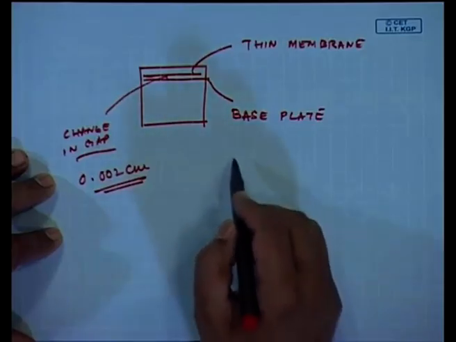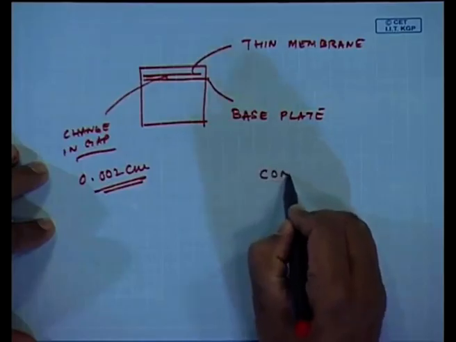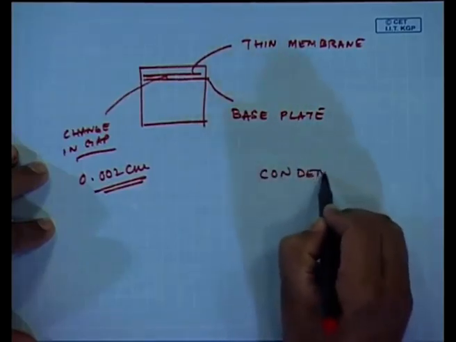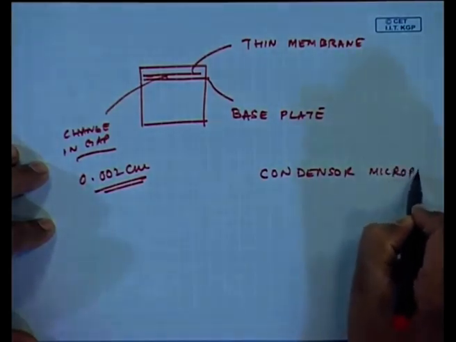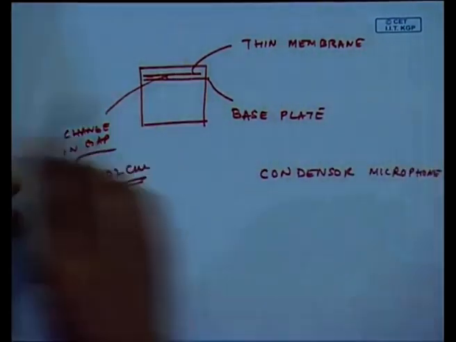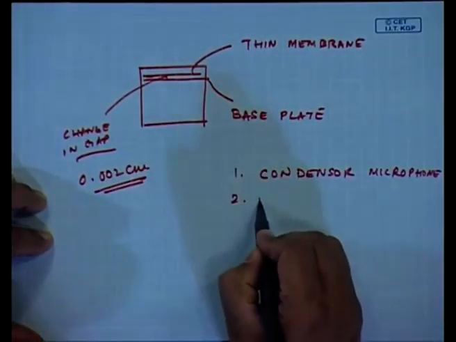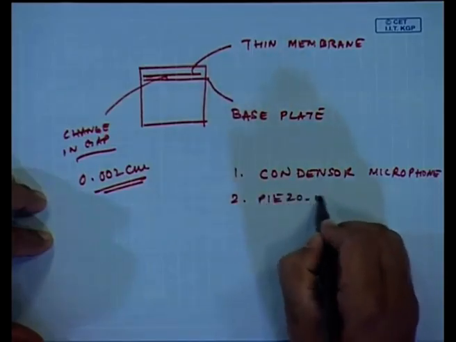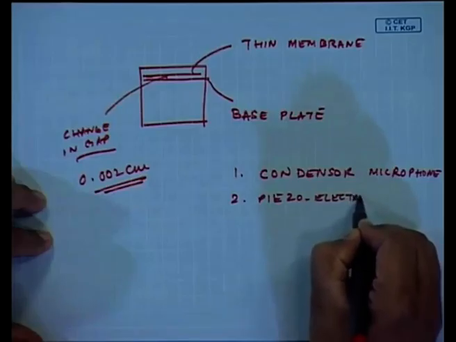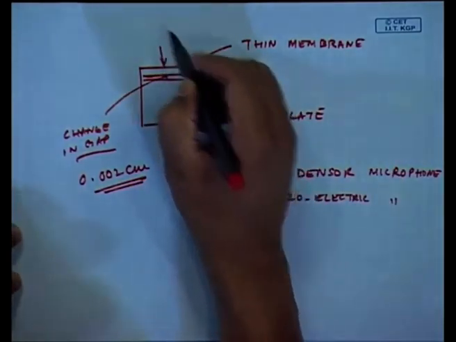And these microphones could be of many types. One is, what I have drawn here is a condenser microphone. What I am showing here is a piezoelectric microphone. The question is, they look very similar from the outside. Okay. And this is a protective cover.